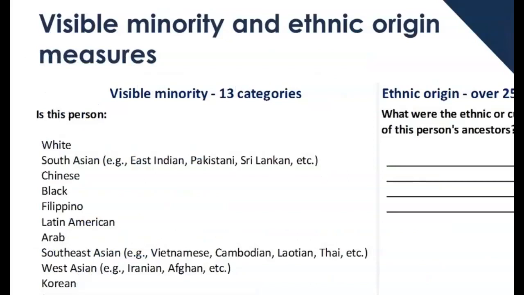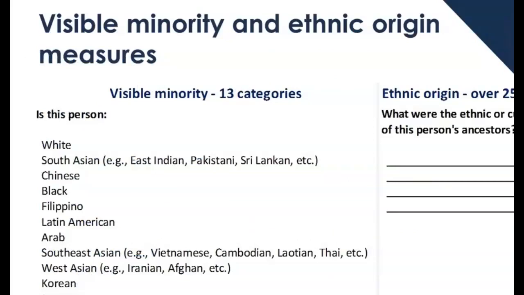First, let's look at the visible minority alone. On the census, we ask, is this person, and then we provide all the categories that we have. People can check one box, or we encourage them to check more than one box if applicable.